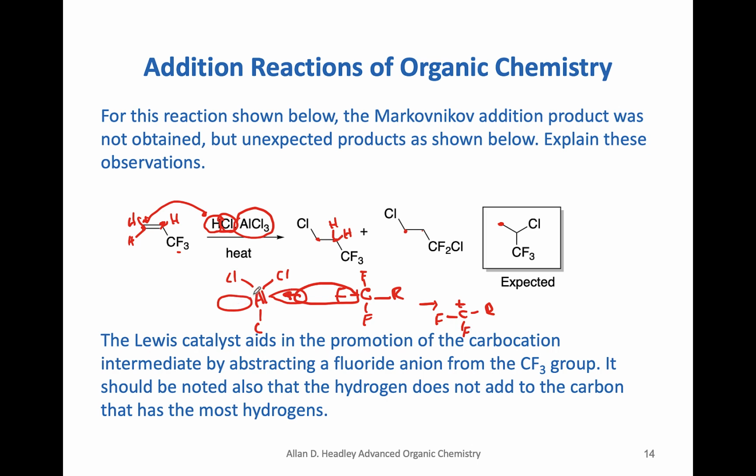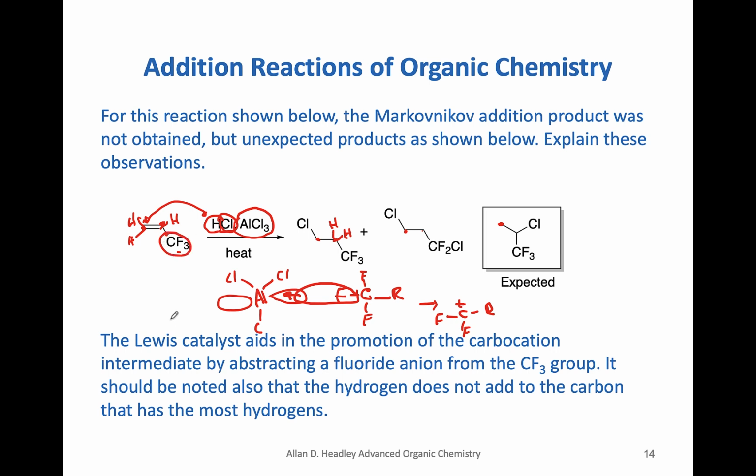You have seen that before when you looked at the Friedel-Crafts acylation. The Lewis acid AlCl3 acts to abstract the fluoride anion into the vacant orbital. Another observation is that this CF3 here is electron withdrawing.